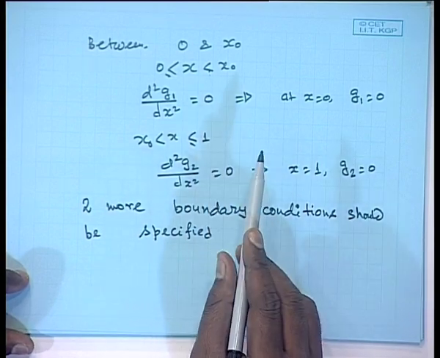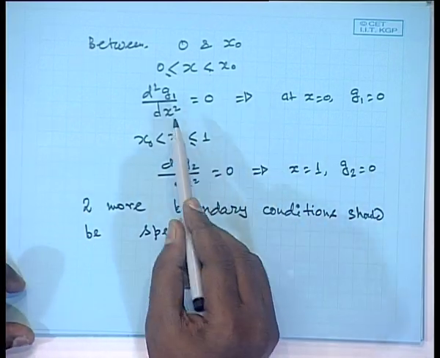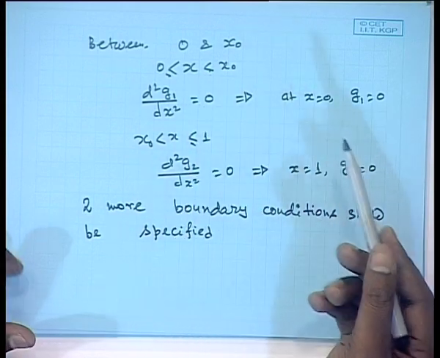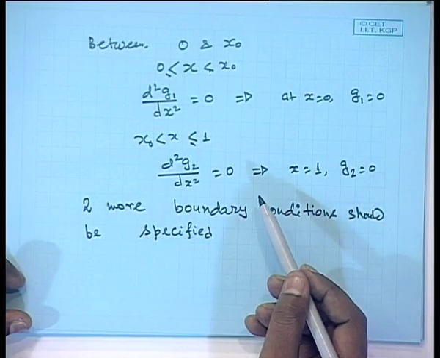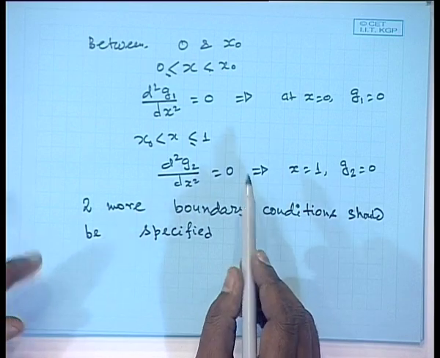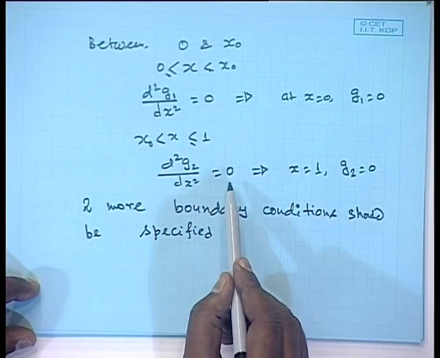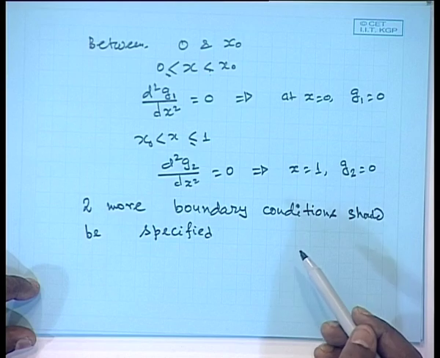But the nature of the solution will be exactly the same, right? Here you will be getting a solution ax plus b, and here also ax plus b, but the constants will be different now. Here you will be getting Ax plus b, here you will be getting Cx plus d, because the boundary conditions are different.